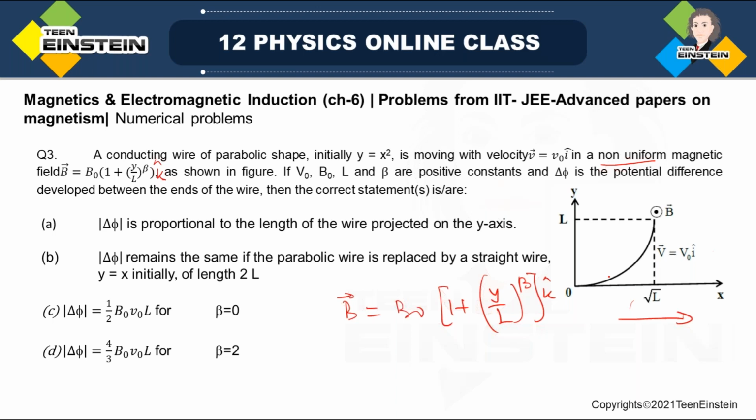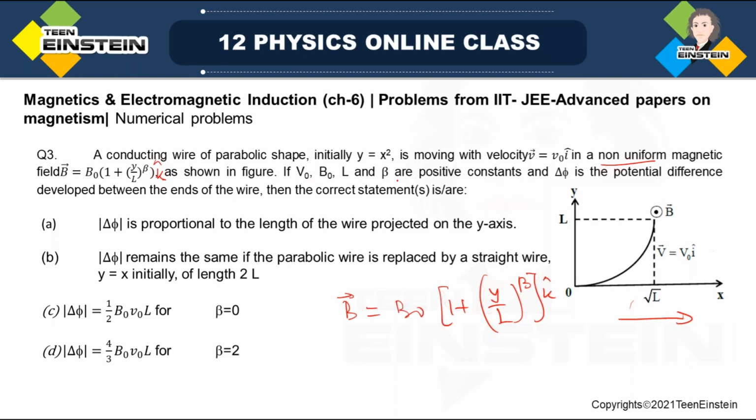If you like, you can just use the BVL formula, but you have to be careful about how to use it. Now as shown in the figure, a conducting wire of parabolic shape, initially y is equal to x square, is moving with v is equal to v0 i cap in a non-uniform magnetic field B is equal to B0 1 plus y by L whole to the power beta K cap.